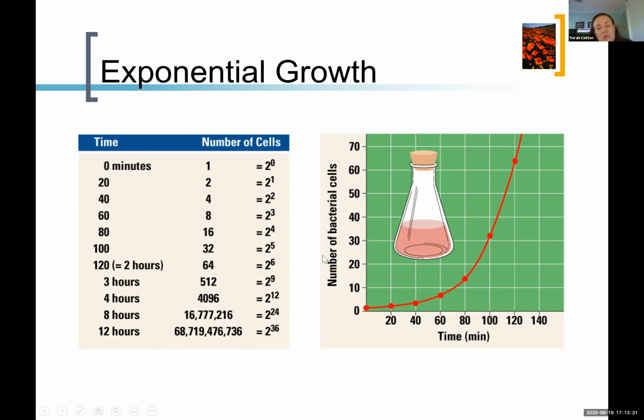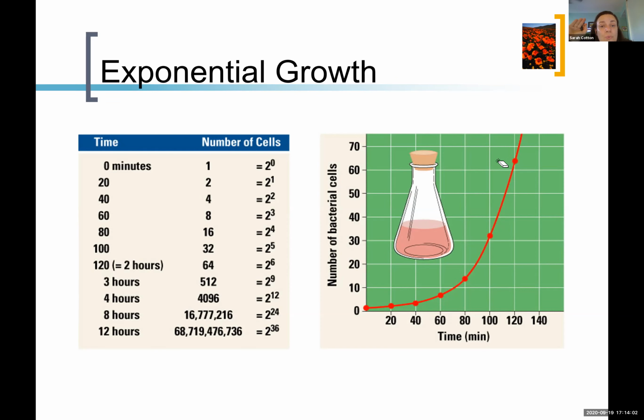Exponential growth is characterized by a J-shaped curve, right? You'll notice that this curve here looks kind of like the letter J, okay? Now, an important thing to realize about exponential growth is that it sort of implies that there is no limit to resources, okay?